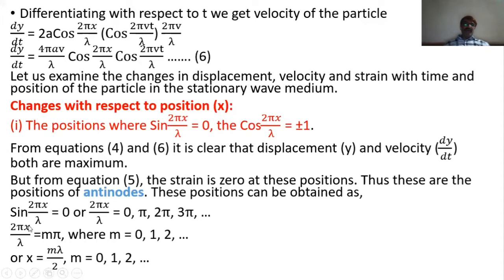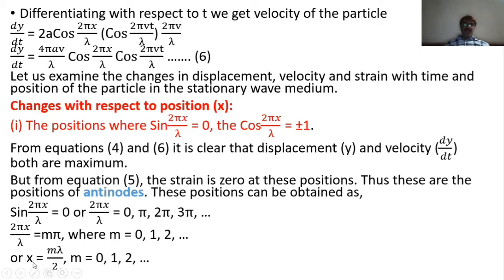In general we can write 2 pi x by lambda equal to m pi, where m is an integer which can take the values 0, 1, 2, and so on. Now the pi cancels out and we find x equal to m lambda by 2, where m equals 0, 1, 2, and so on. So we have found the positions as m into lambda by 2, where m is an integer.